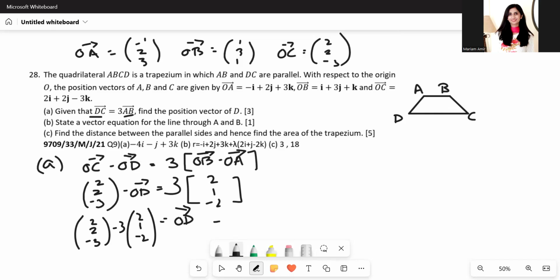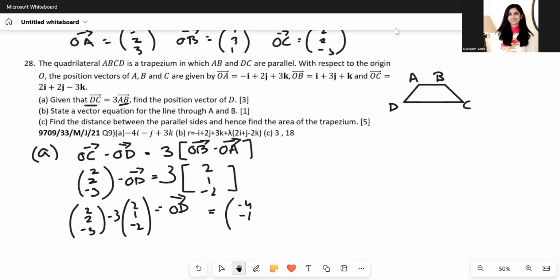Let's add these together and get our answer. We have 2 minus 6, which is negative 4, 2 minus 3, which is negative 1, and then minus 3 plus 6, which is 3. So this is the position vector for OD: (-4, -1, 3).